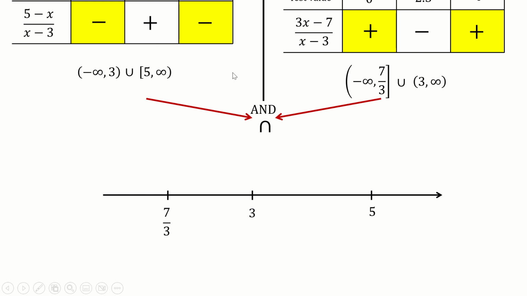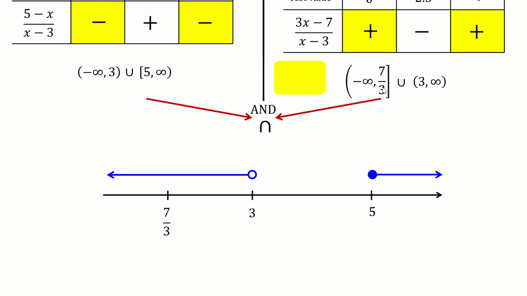Right, so we draw the first number line for the first interval. From negative infinity to 3, so this is less than 3, with the arrow at the left side, and then greater than or equal to 5. From 5, 5 is included, so we put a filled circle, and the arrow is pointing to the right.